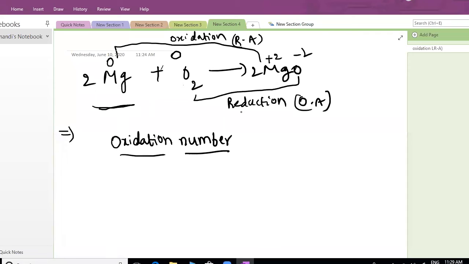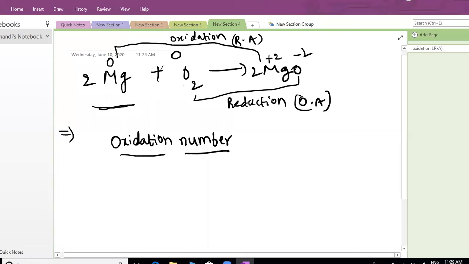Only one reason. In the whole universe, in our whole chemistry, we are studying only loss of electrons, gain of electrons, or sharing of electrons. There are 3 points: loss of electrons, gain of electrons, or sharing of electrons. Why do these occur? To get stability.